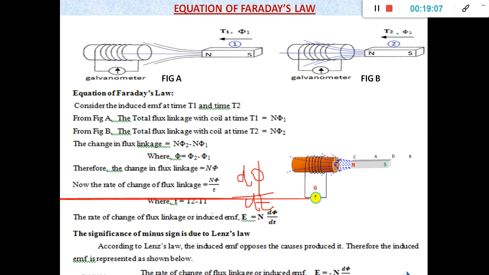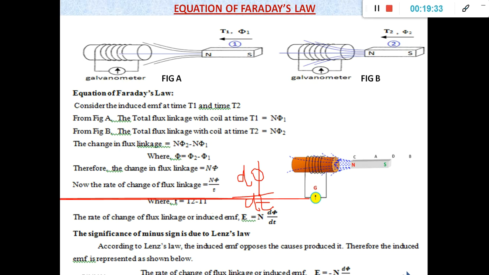We must know the significance of the negative sign, which occurs due to Lenz's law. Lenz's law states that the induced EMF opposes the cause that produced it. Therefore, the induced EMF is represented with a negative sign.